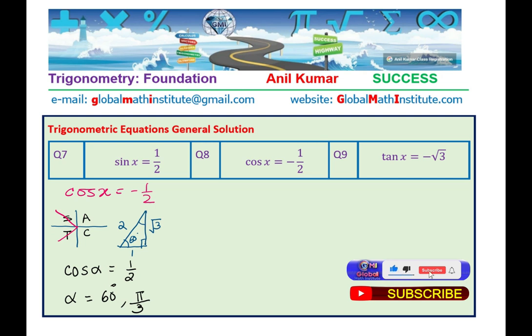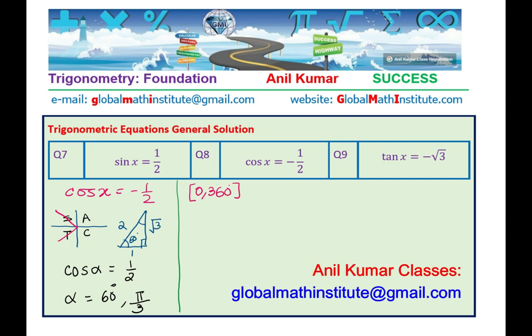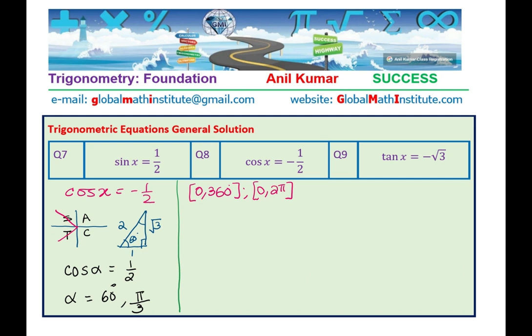Next step, as we saw earlier, is to provide all the solutions within the domain, which could also be written as 0 to 360 degrees or 0 to 2 pi. Both 0 and the boundary condition 360 or 2 pi is included when we write like this with square brackets, correct?